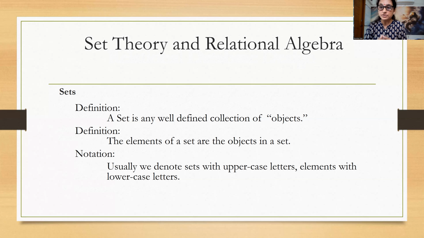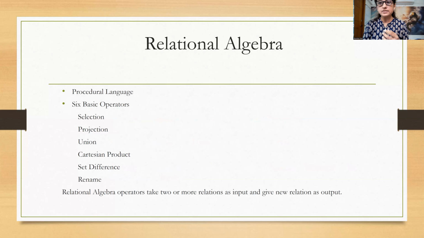Then we introduce them to relational algebra concepts. In relational algebra, we explain the various operators like selection, projection, union, Cartesian product, set difference, rename operator, how the predicate selection helps you eliminate tuples, how the predicate projection helps me display the selected attributes, how I can use multiple relations with the help of union, because by default all relational algebra operators take two relations as input and give a new relation as output.